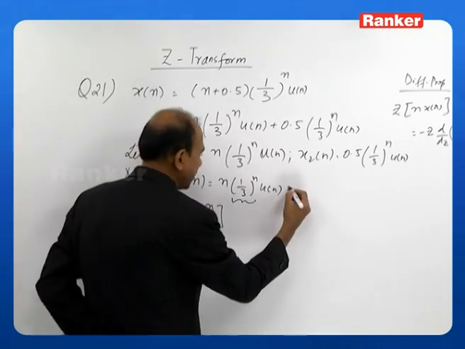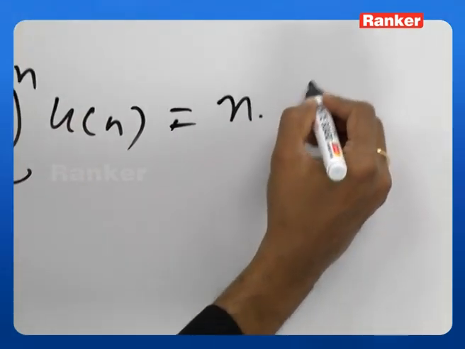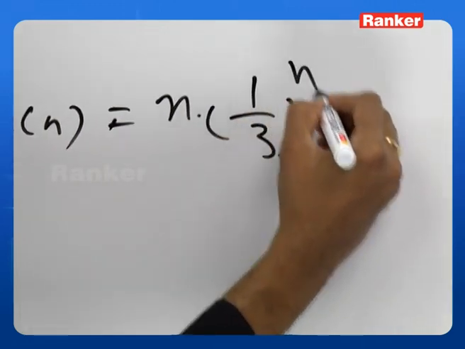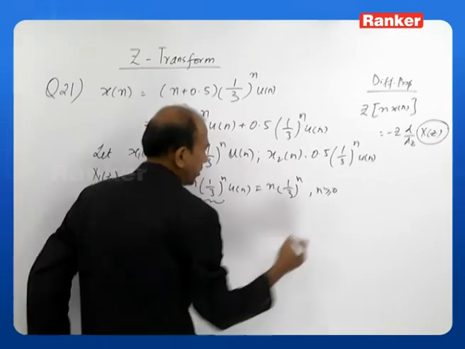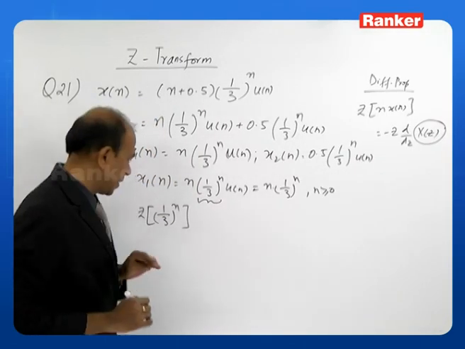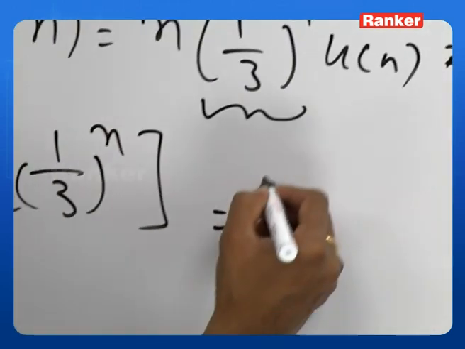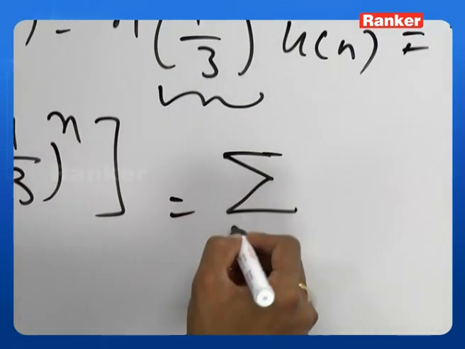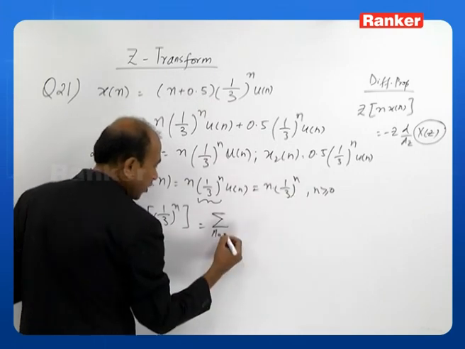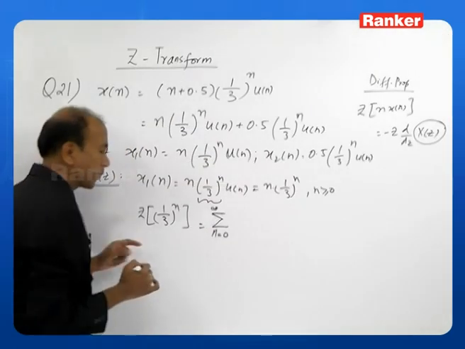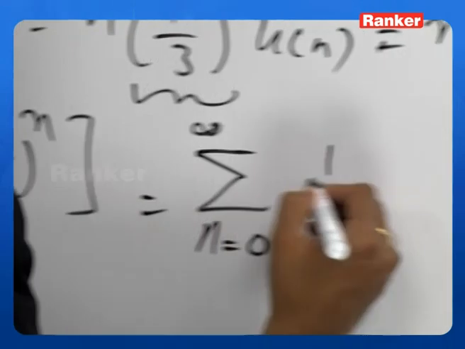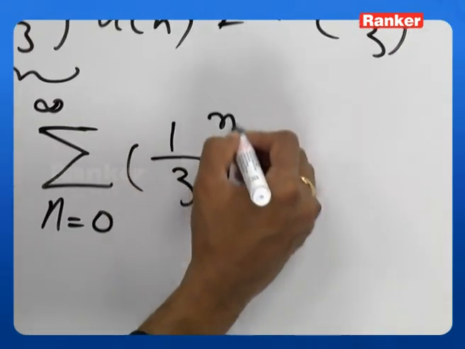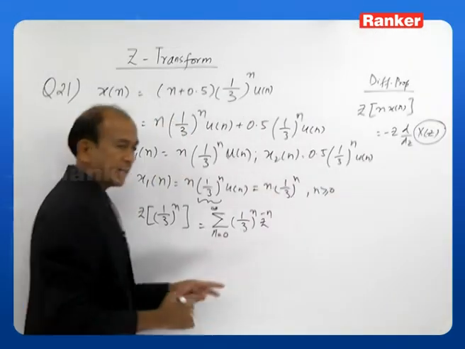This is nothing but (1/3)^n when n is greater than or equal to 0. So what does it mean? It means the summation from n equals 0 to infinity of (1/3)^n z^(-n).